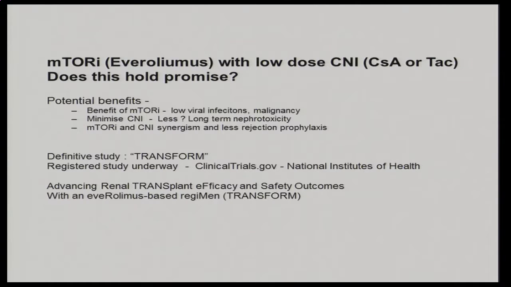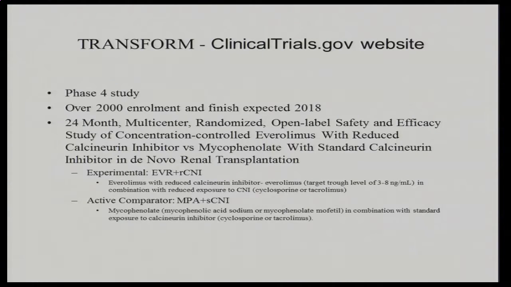This study, called the TRANSFORM study, is probably one of the biggest phase 4 studies, with over 2,000 patients, and is comparing everolimus with CNI, which is tacrolimus or cyclosporin, to our active comparator, which is mycophenolic acid, prednisolone, and the CNI, which is essentially the Symphony protocol in summary, really.